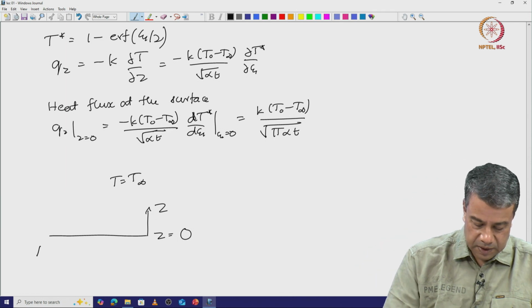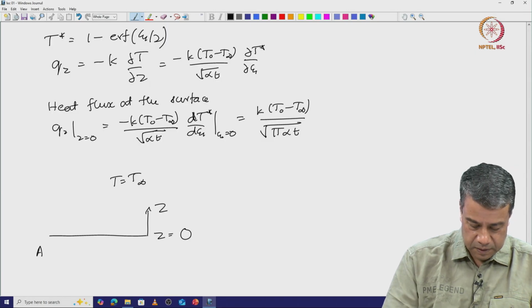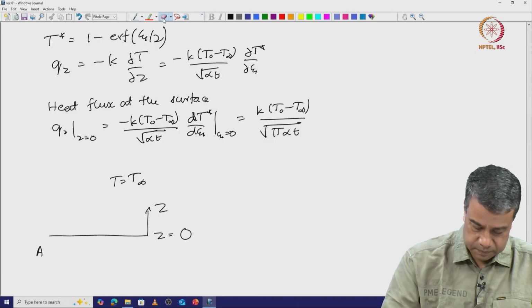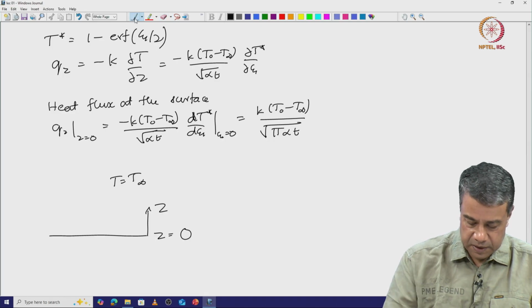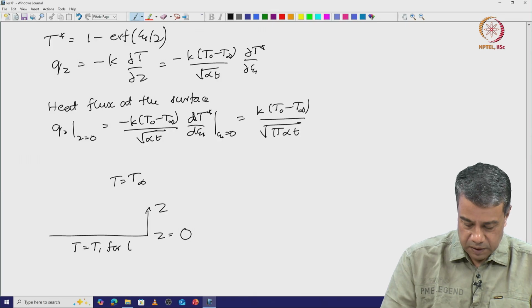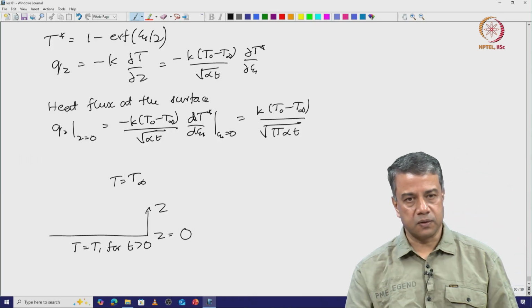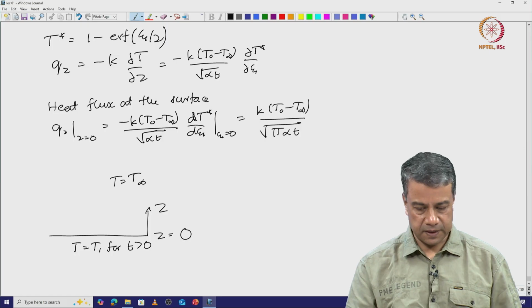And the temperature of the surface T is equal to T1 for when time is greater than 0. So, those were the conditions at the surface.